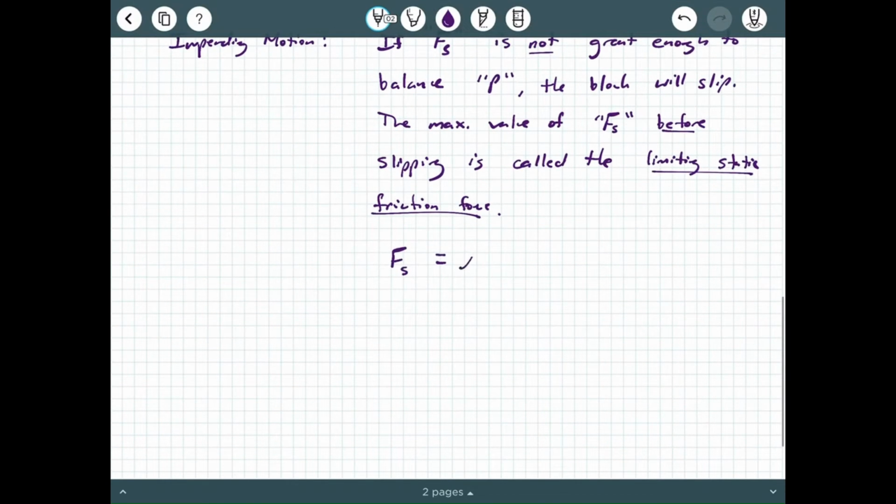And what is that? Well, that's going to be F sub s equals mu sub s times that normal force. Okay, now this should be a familiar equation to you. We often cover that in a Physics 1 course.